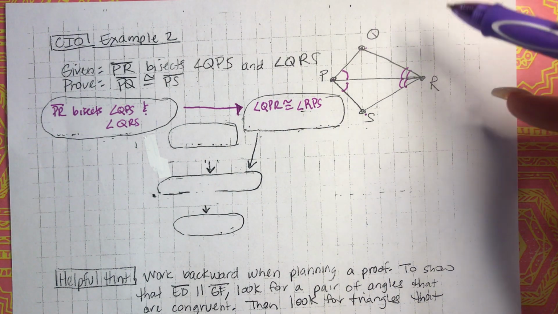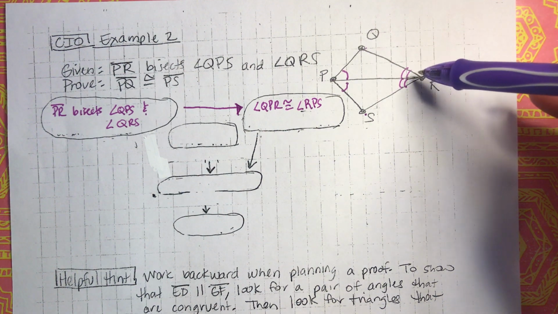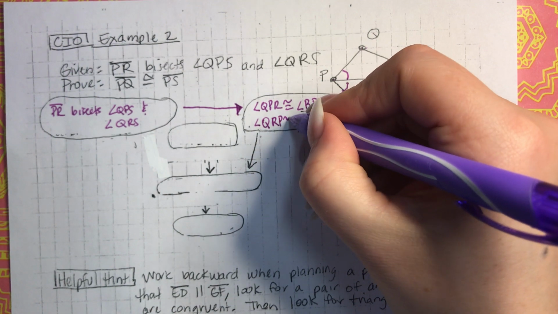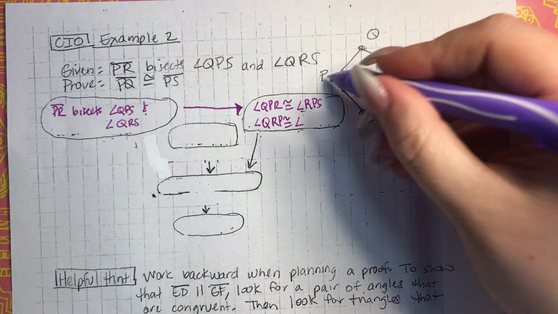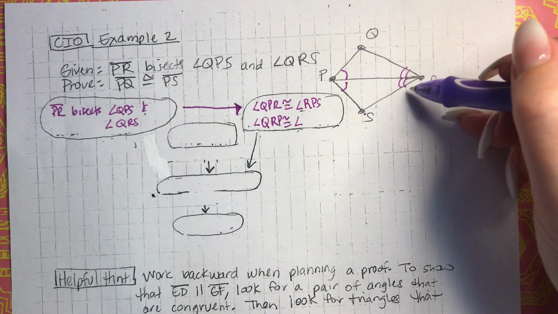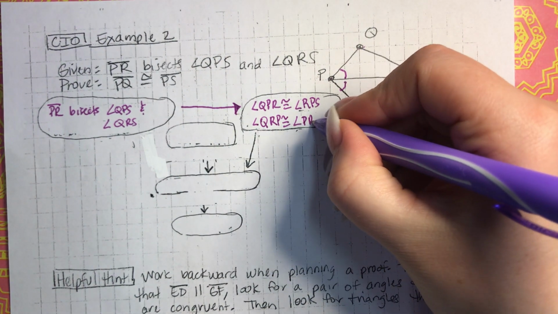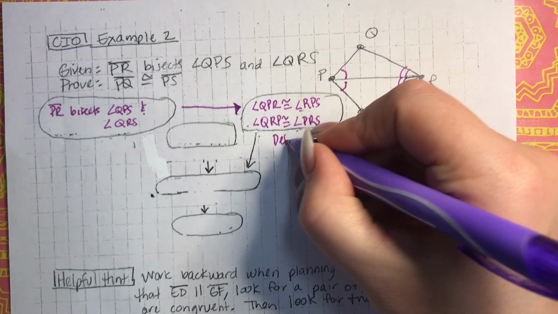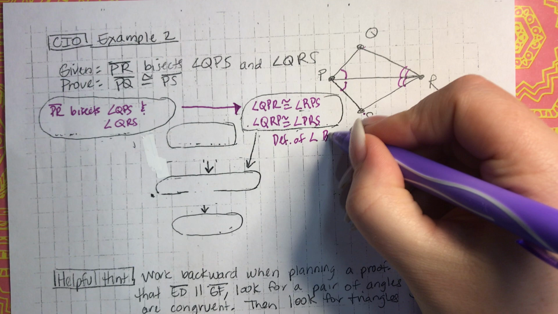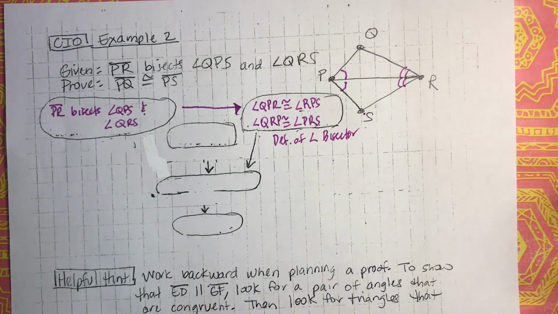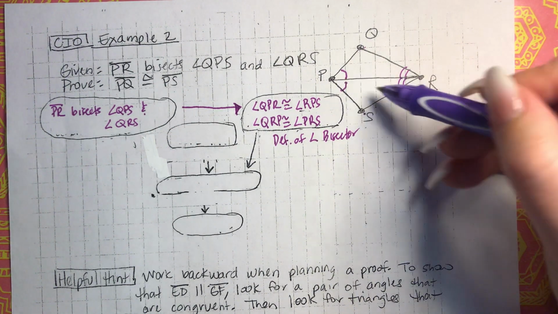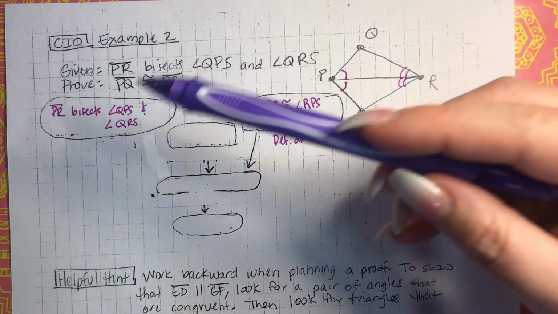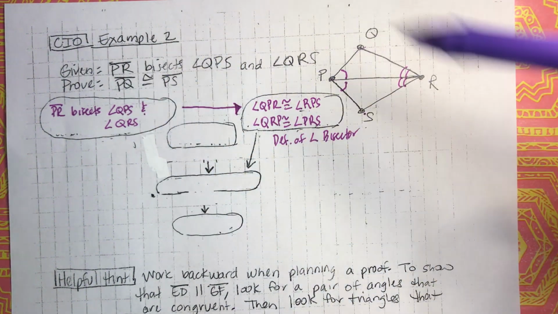And then the second one is that QRP is congruent to PRS. Right? And that is because of definition of an angle bisector. Okay, so that's really 2 pieces of information. And that's it for the given information. From there, they want us to say that PQ is congruent to PS.